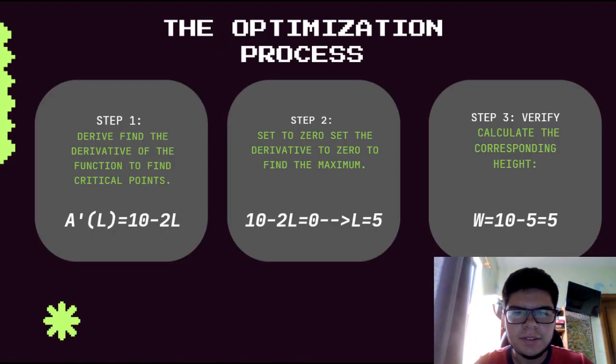And now into the optimization process. The first step was to find the derivative of the function to find the critical points. The second step was to set the derivative to 0 to find the maximum. And the third step was to verify and calculate the corresponding heights.